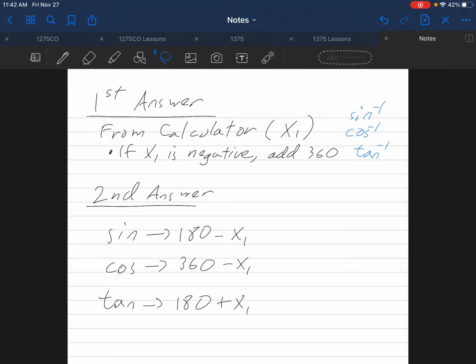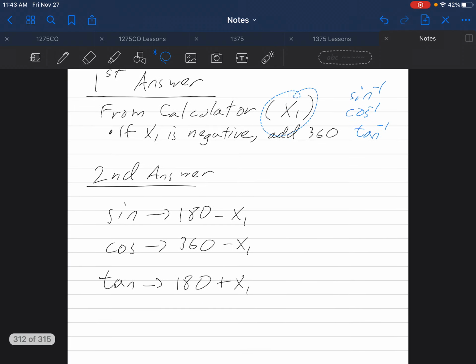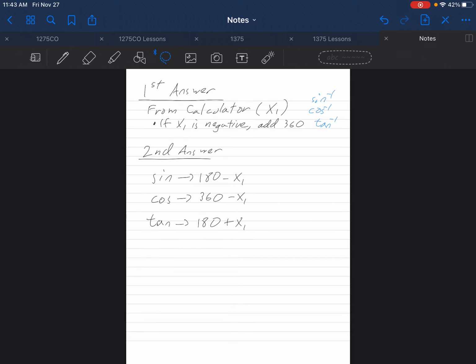So if you use the sine function to get your first answer, that means 180 minus that principal root is going to get you the second answer. If you used a cosine function to get the first answer, 360 minus your principal is going to get you the second. Tangent function, 180 plus x1 to get that second answer.